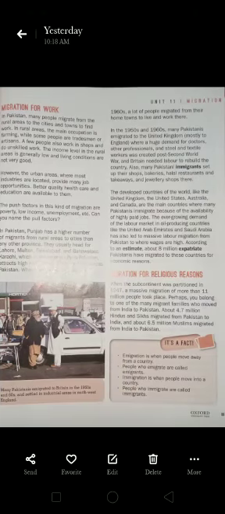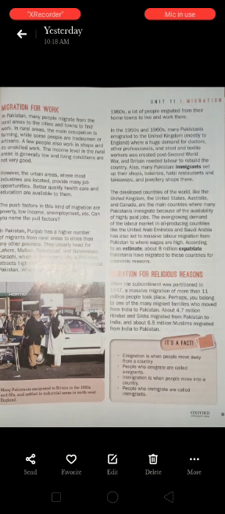Now we have to discuss migration for work. We are in the explanation of migration for work. Why people migrate for work, we discussed earlier along with the examples. In Pakistan, many people migrate from rural areas to the cities and towns to find work.